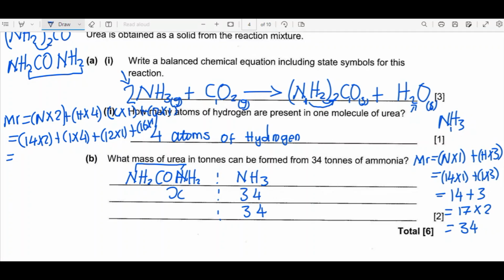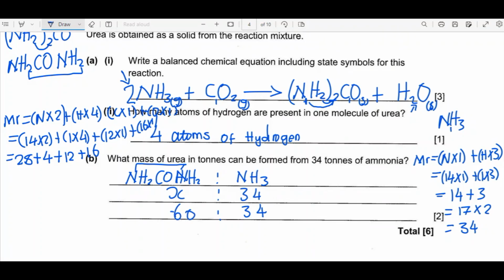So 14 times 2 is 28. Plus 1 times 4, we have 4. Plus 12 plus 16. So if we add 28 plus 12 will give us 40. Then 40 plus 16 will give us 56. Plus 4 will give us 60.